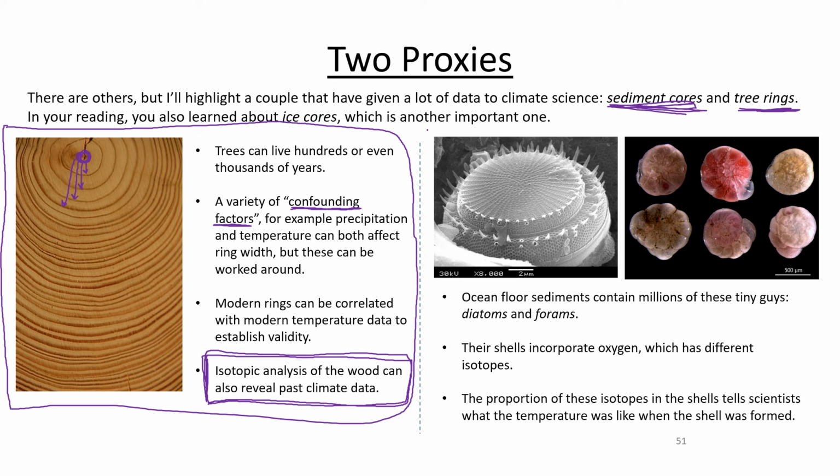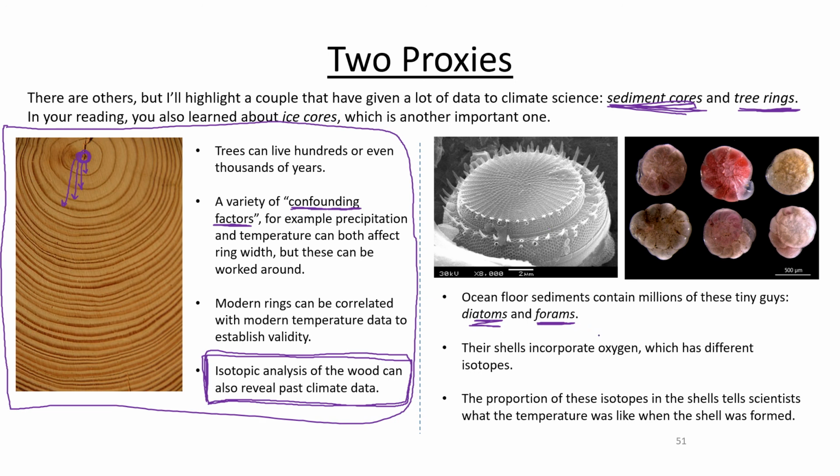And in all of those sediments are the shells of two big families of tiny little organisms. So millions of these tiny guys, diatoms on the left and forams on the right. When they die, their shells fall down into the sediment and get compacted together. And so when you pull out these sediment cores, you can look at the shells of these guys.